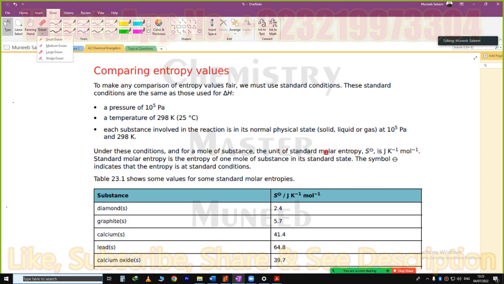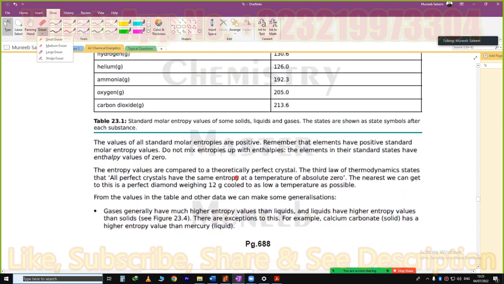You need to find the values of entropy in joules. The unit should be joule per Kelvin per mole, not the kilojoule. Remember that elements have positive standard molar entropy values. Do not mix entropies up with the enthalpies.